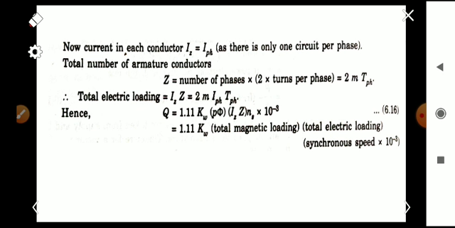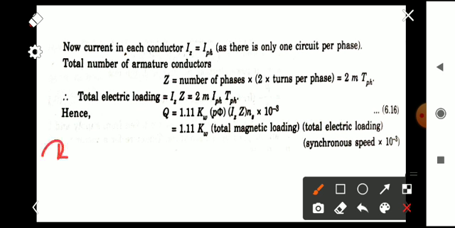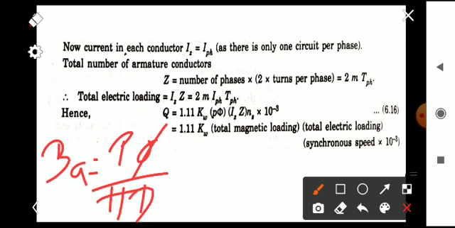We have to derive the output equation Q in terms of our specific magnetic loading and specific electric loading. So in the equation itself we have to substitute the values of BAV and AC, the specific magnetic and specific electric loading. We know that BAV is equal to P phi by pi dl, so instead of this P phi you can substitute BAV into pi dl.